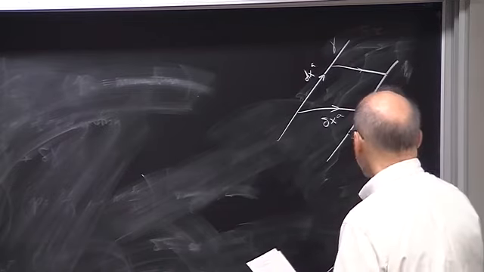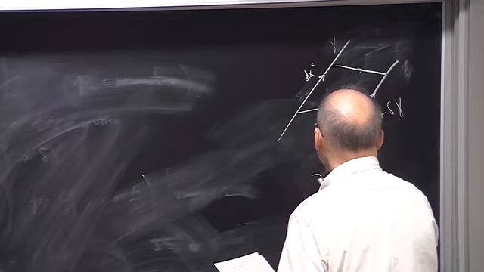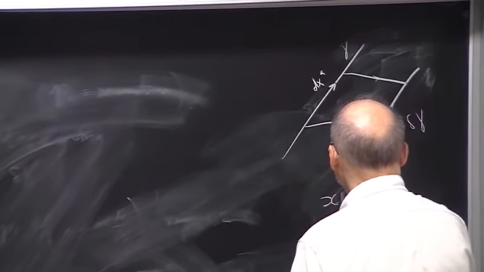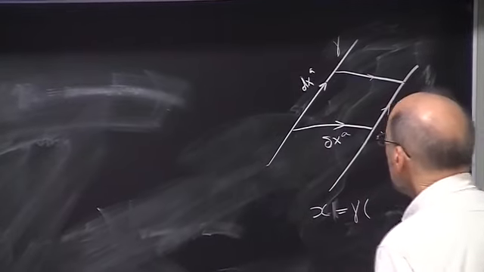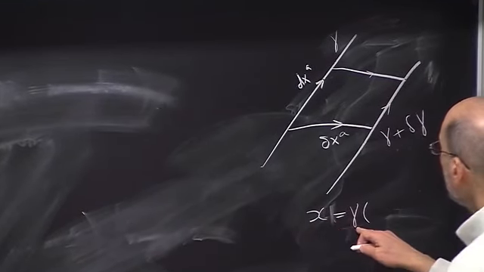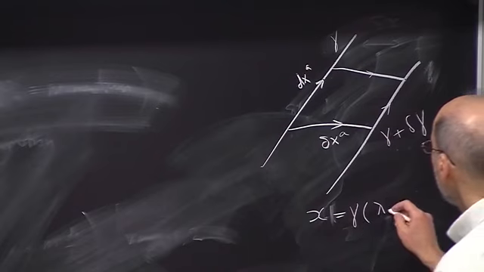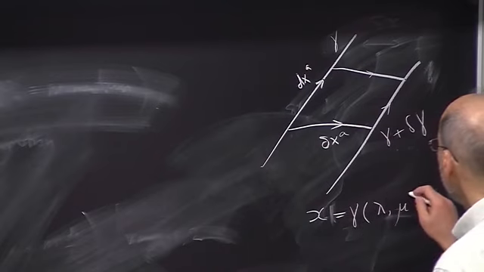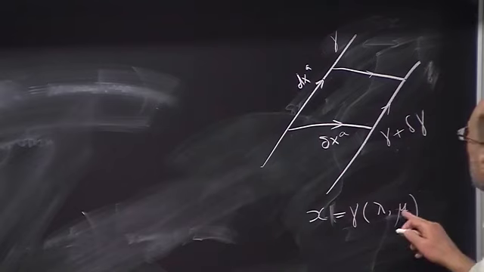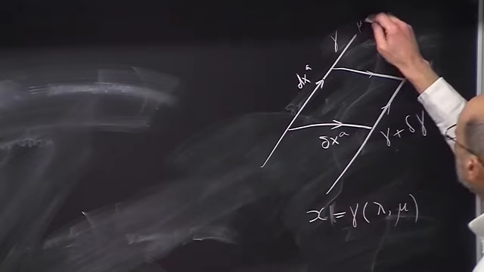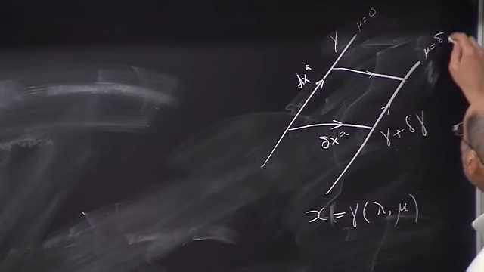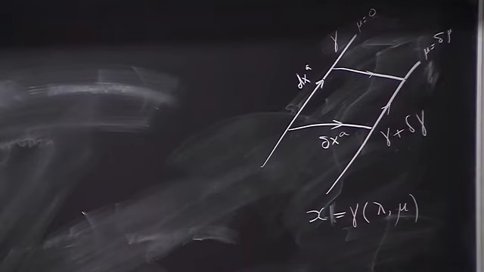So if you remember, if you want to be more precise, one way of implementing this idea is to think of x as being a function of two parameters, lambda, the one that's always there, and a new parameter, mu, such that mu equals 0 corresponds to this unvaried world line. And this one is mu equal to delta mu, let's say.